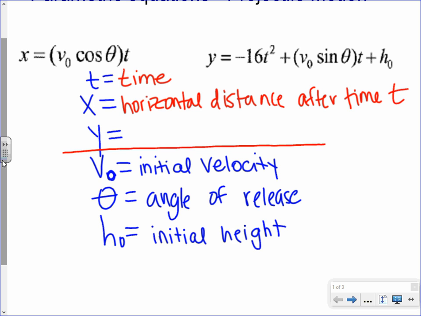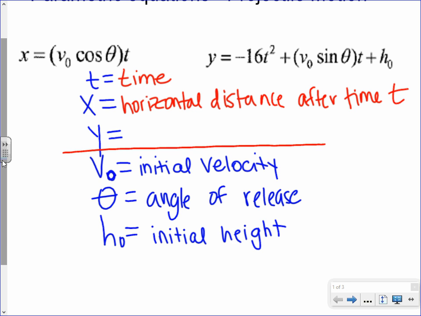Okay? So if we plug in 1 for t, then the x equation is going to give us how far we've traveled after 1 second, or whatever the label is, okay? If we plug in 5, it's going to give us how far horizontally the object has traveled after 5 seconds, okay?